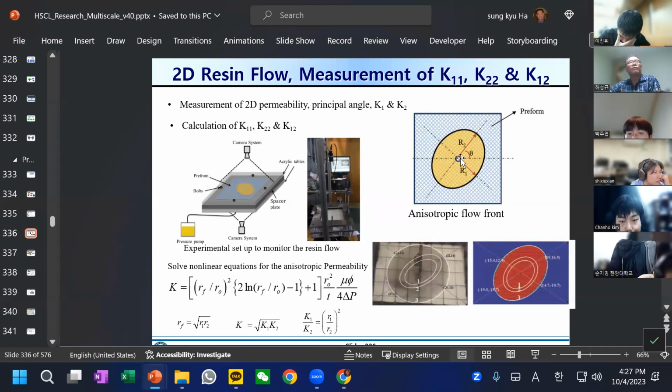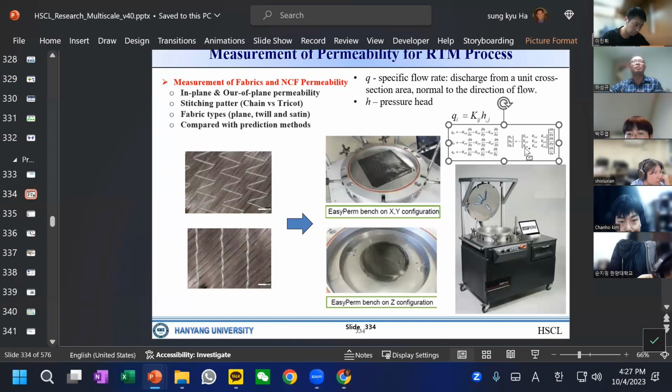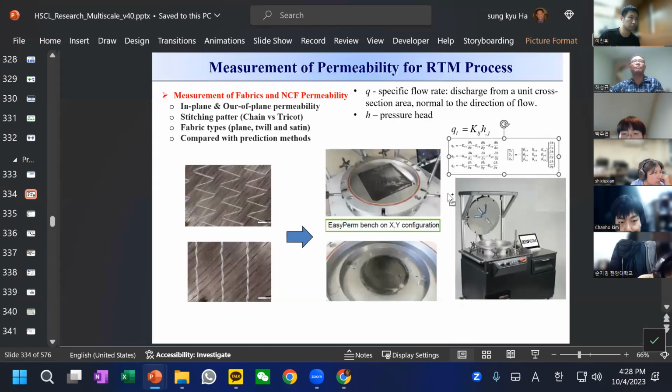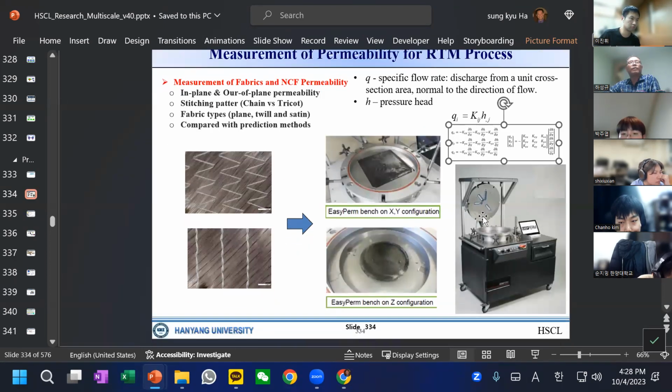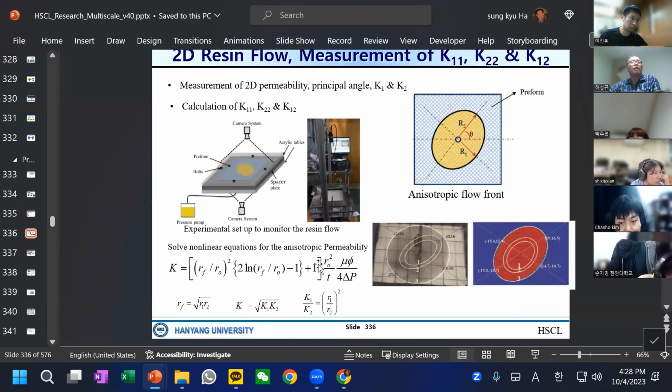The resin will flow very fast in this direction, but slow transverse to the fiber. So you can imagine why this can be anisotropic. Anisotropic means that, back to this equation again, we have this formula. So depending on this pressure head, we can have qx, the x-directional velocity, and qy, the y-directional velocity, with two different coefficients. And this is the sort of equation.